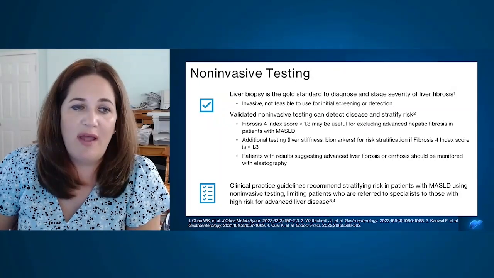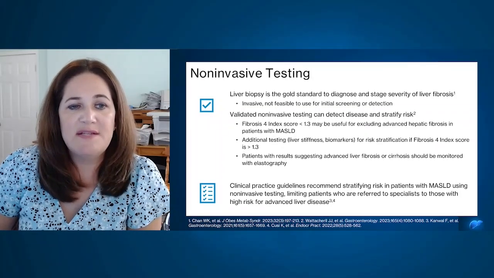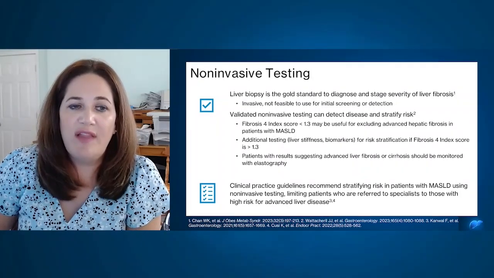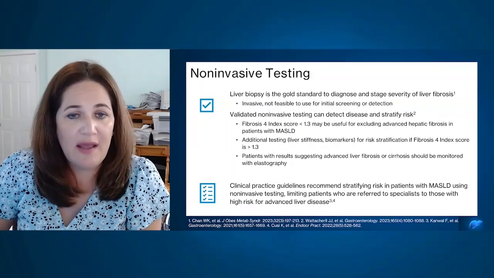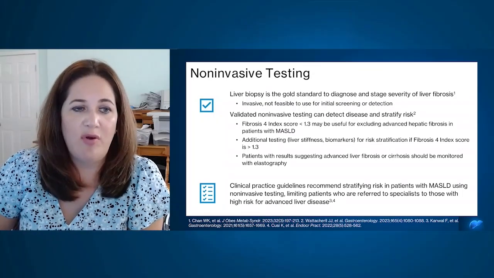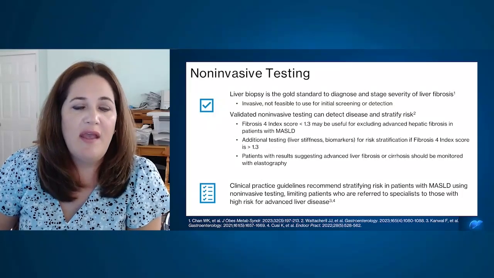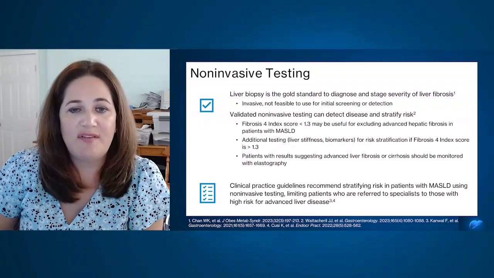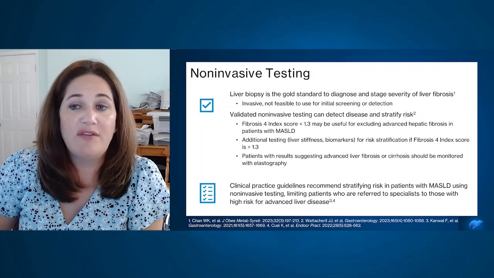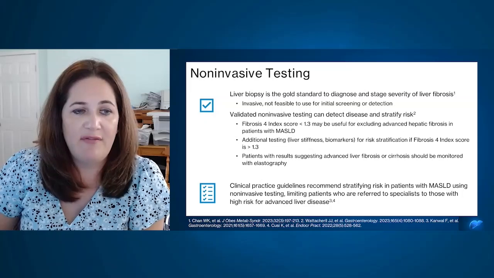The most common one is called the Fibrosis 4 Index score, and a score of less than 1.3 may be useful for excluding advanced hepatic fibrosis in patients with MASLD. Additional testing or liver stiffness or biomarkers for risk stratification should be done if the FIB4 score is greater than 1.3.